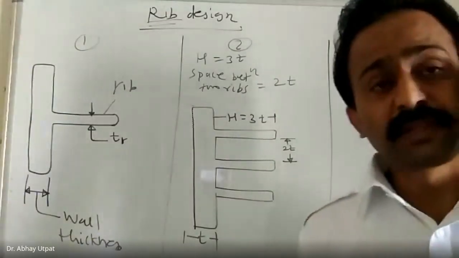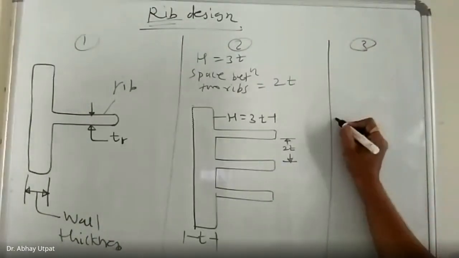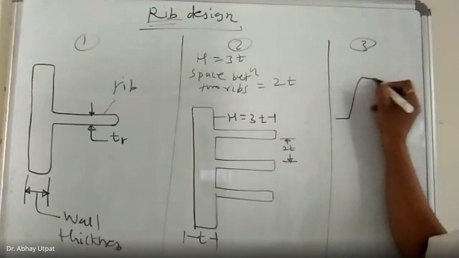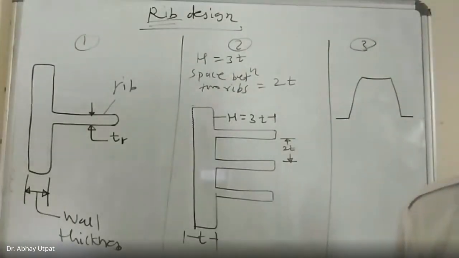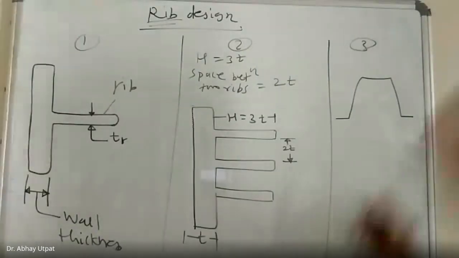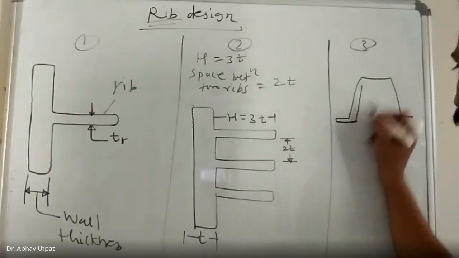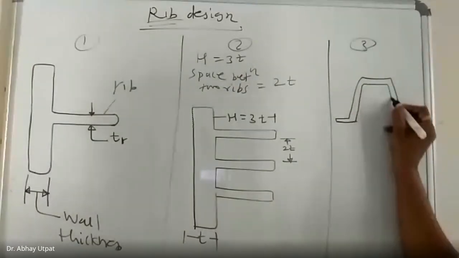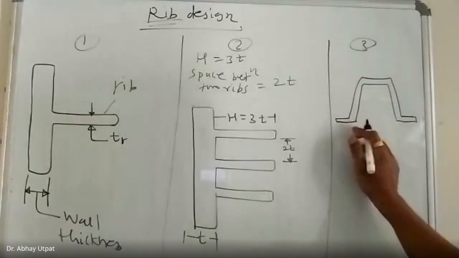Third, in case of thick rib, there will be core out from the back to maintain uniform wall thickness. Now see, this is your uniform wall thickness.